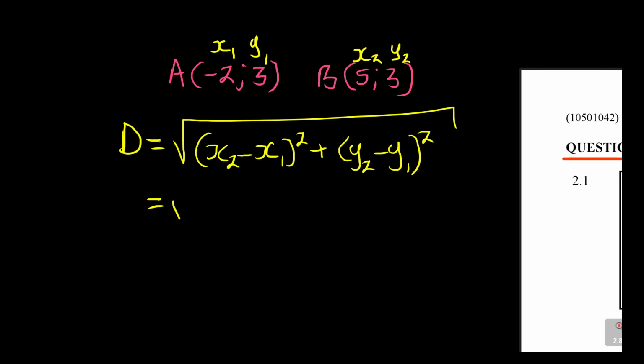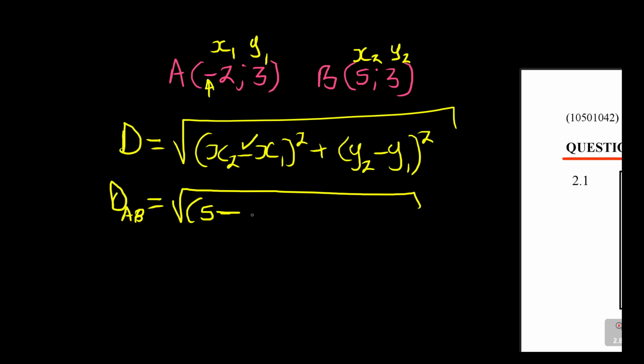So now if I put it on the formula, you can now write the distance of AB, with the subscript at the bottom being the x2. Remember, we said x2 now is 5, so it's bracket 5 minus, now there are 2 negatives, x2 is 5. The minus is for the formula, minus x1, but x1 also has a negative, so it's minus negative 2 squared. You can leave it like that.